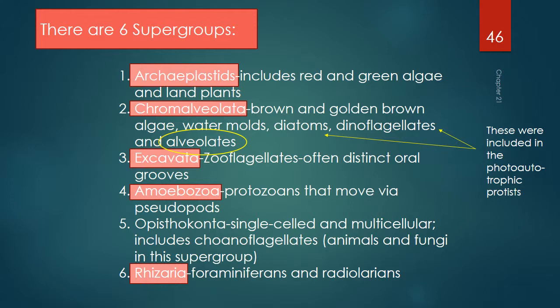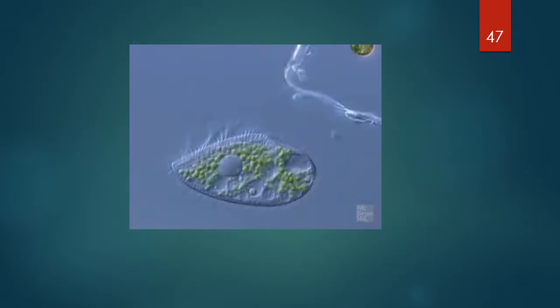This is why I had you take out that chart so you can write all these things down. Okay, so our best known example of a ciliate is our Paramecium, and I'm sure many of you have seen these before, but we will be looking at those in lab as well.